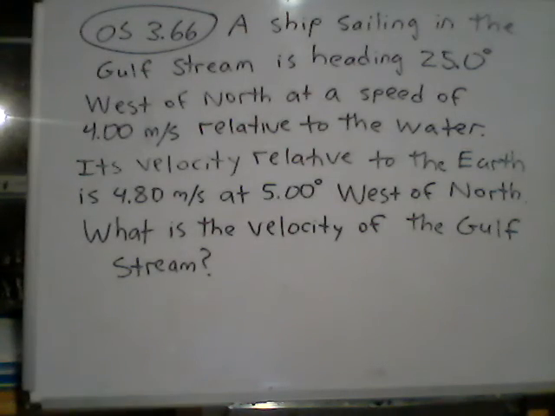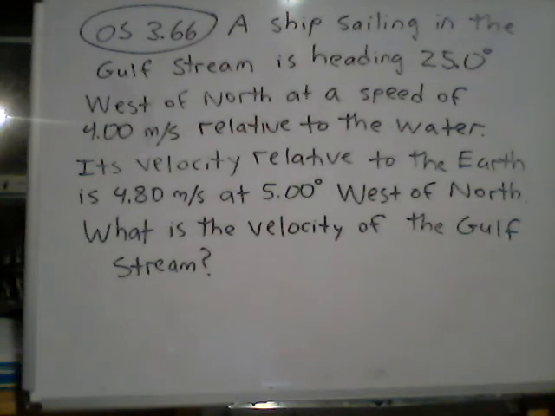So again, this is the Gulf Stream. Let me read this one more time. A ship sailing in the Gulf Stream is heading 25 degrees west of north at a speed of 4.00 meters per second relative to the water.